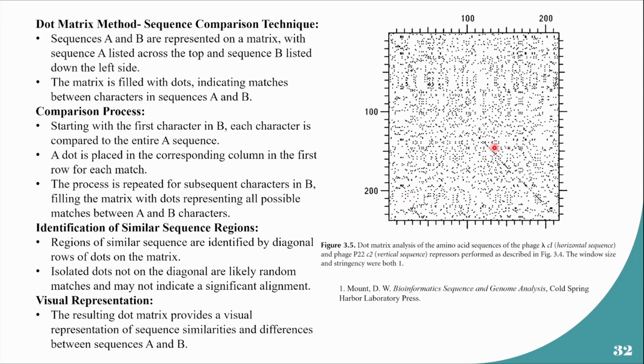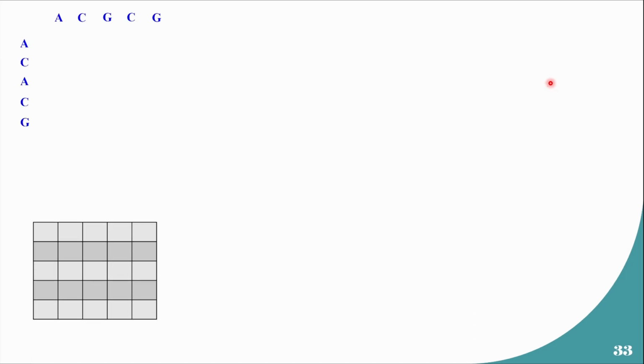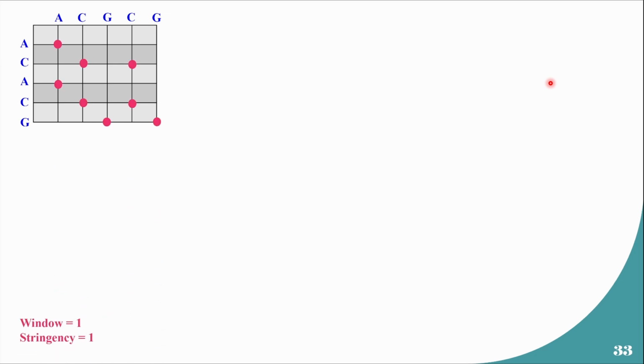To infer any significance about the similarities from the dot plot, you need to identify stretches of diagonals where consecutive dots are present. But if you put a dot everywhere a character is matching, you get a lot of noise in the plot. So to relieve that, one concept that can be introduced is window size and stringency.